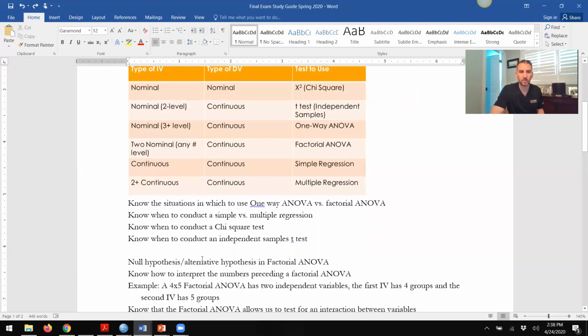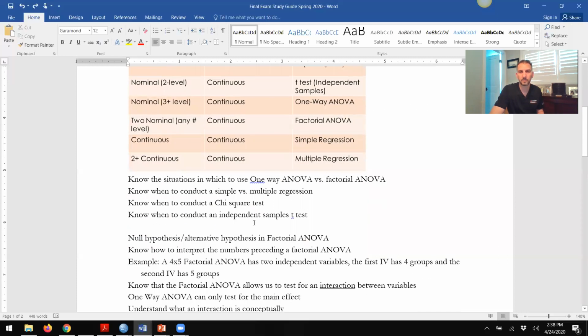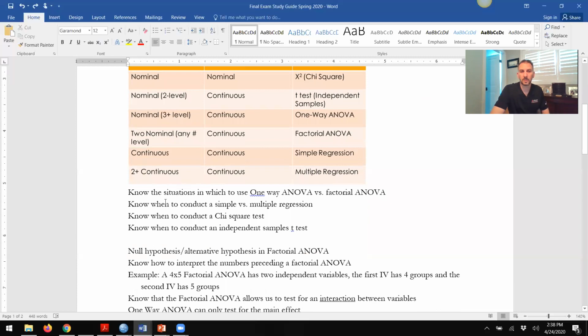All right, so again, try to get familiar with this. This is the basics of what we've been covering since the first midterm. Let's see here. Then know the situation, and all these are related to this table up above. Know the situations in which to use a one-way ANOVA or a factorial ANOVA. Know when to conduct a simple versus a multiple regression.